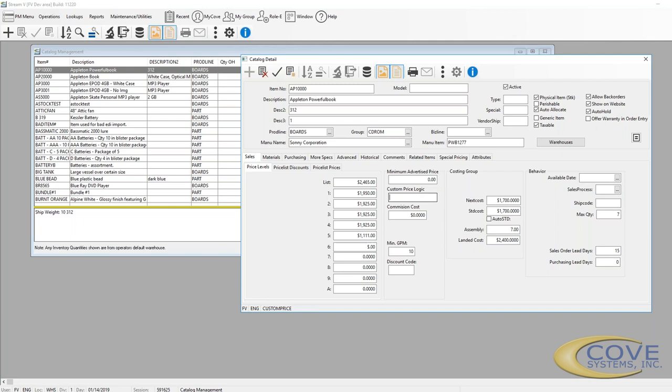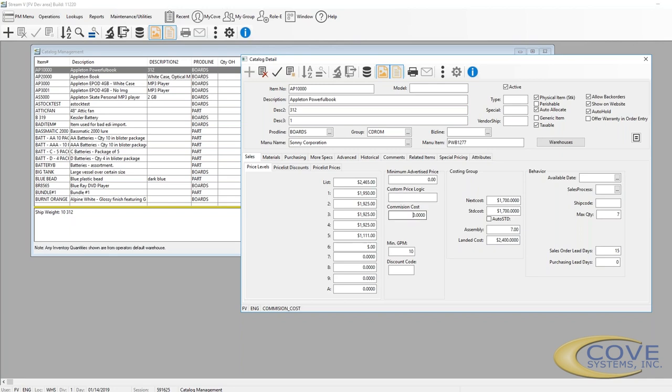If you have custom price logic, the name of the custom price logic routine goes in here, and then during order entry, or whenever a target price is calculated, the system doesn't use our normal pricing algorithms, and it goes out and executes the special pricing logic to determine the target price.